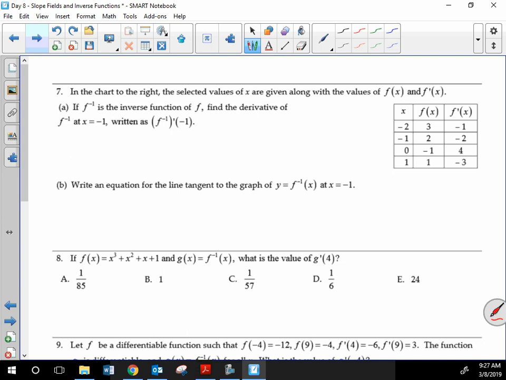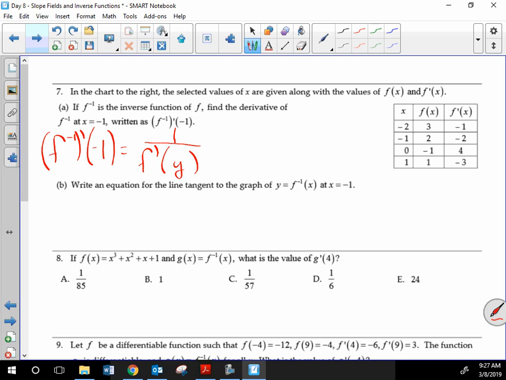Okay, so here they gave us their values, and it says if f inverse is the inverse function of f, find the derivative of f inverse at x equal to -1. So here they've written that notation, f inverse derivative. Alright, so our formula says our f inverse derivative at -1 is equal to 1 over our derivative at the y value. We've got to figure out what that y value is.